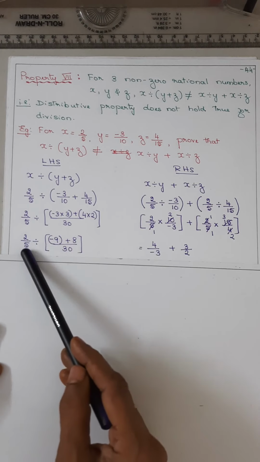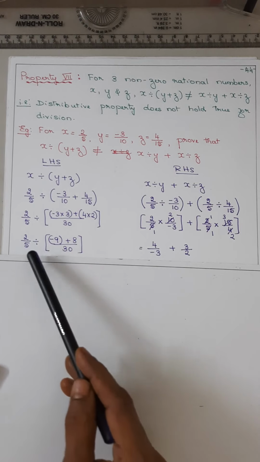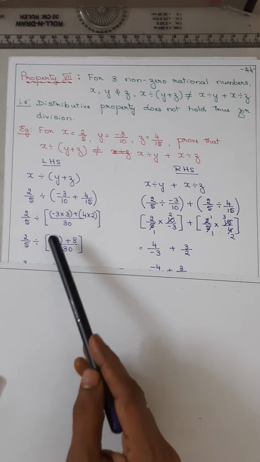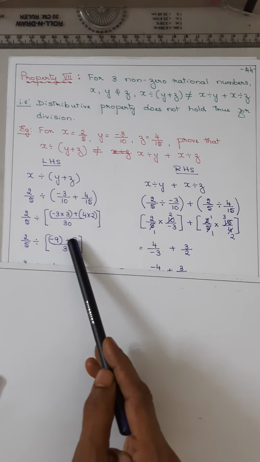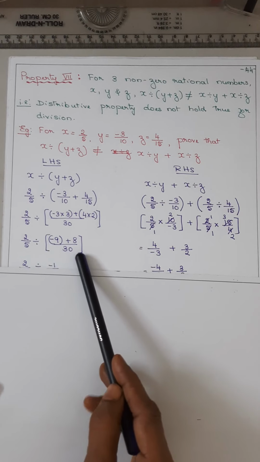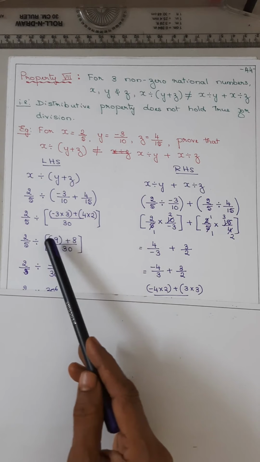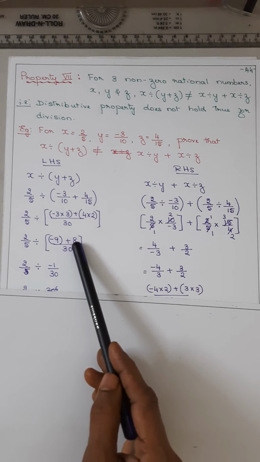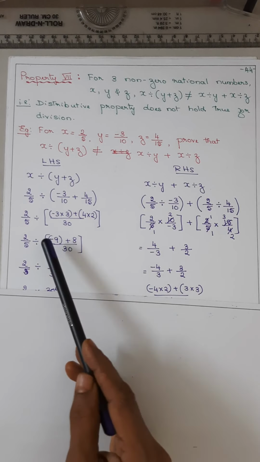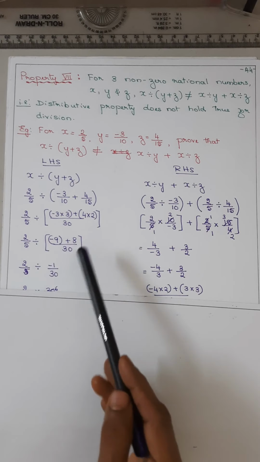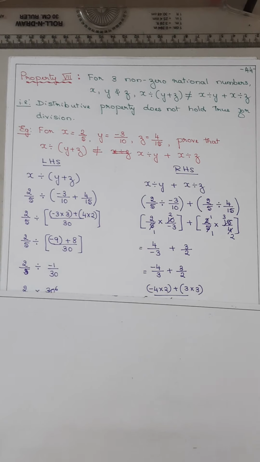Now 2 by 5 as it is, division sign, minus plus minus, 3 3s are 9, 4 2s are 8 upon 30. Now 2 by 5, division sign, different signs. So subtract, minus 9 is bigger, so minus 9 minus 8 is 1 upon 30.